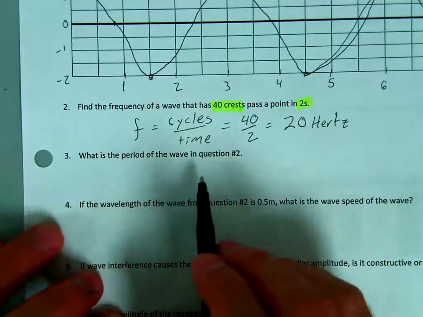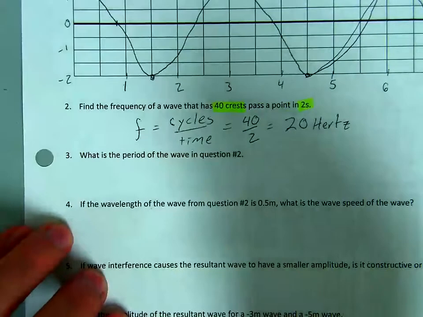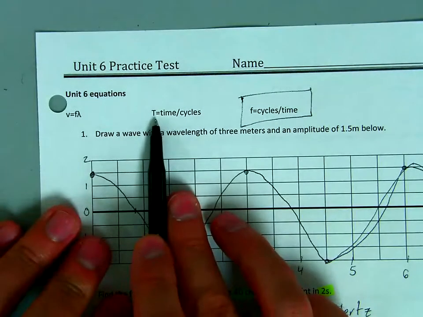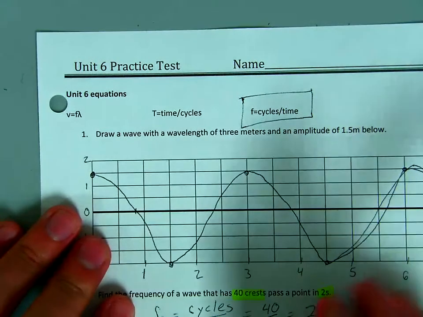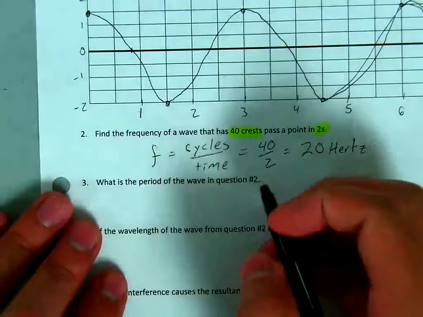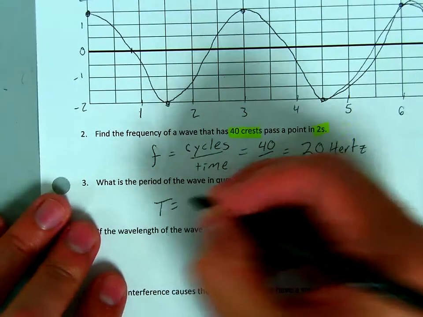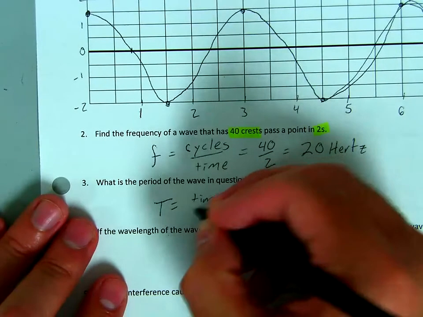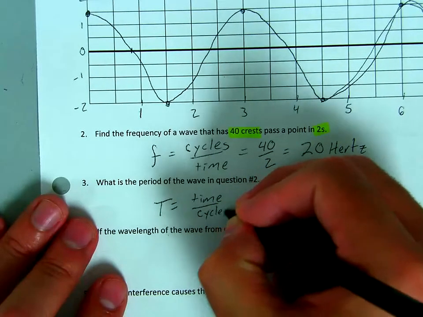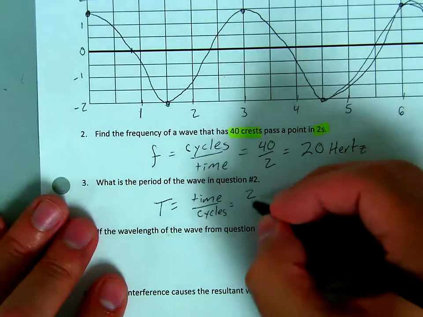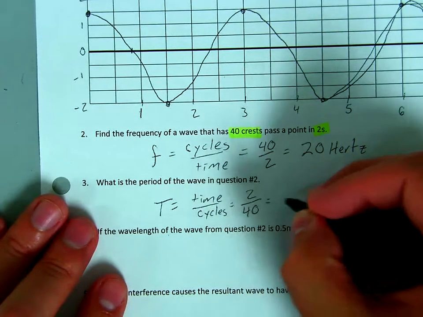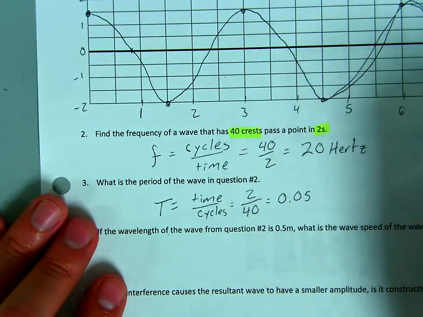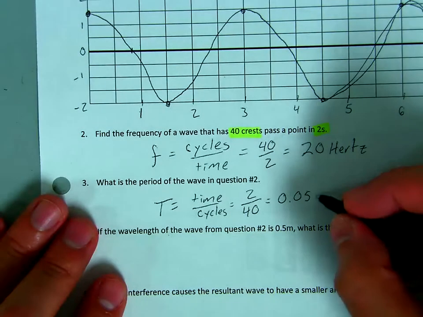What is the period of the wave in question 2? Period and frequency are very closely related. Period is the time for 1 cycle to pass. So period, we can actually solve this one 2 ways. We've got time over cycles, which would be 2 divided by 40, which is going to get me 0.05 seconds.